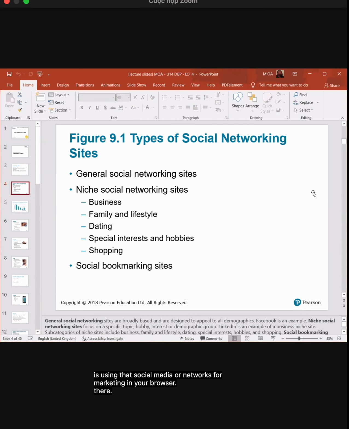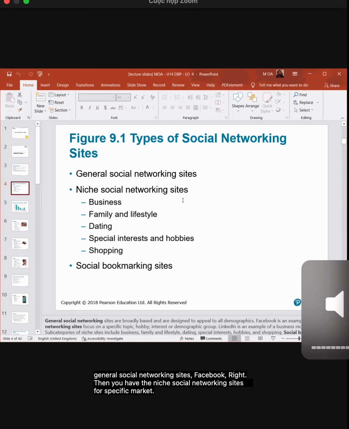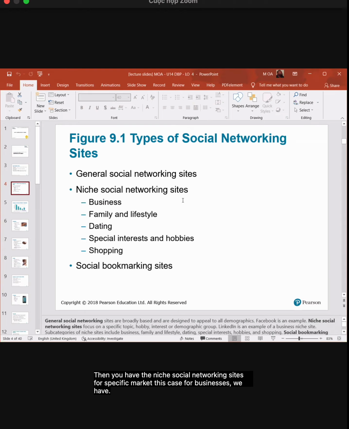There are 3 different types of social networking sites: general, niche, social bookmarking. In the general social networking sites, you have Facebook, right? Then you have the niche social networking sites for a specific market. So in this case, for businesses, we have LinkedIn, right? You have sites for family, for dating, like friend finding.